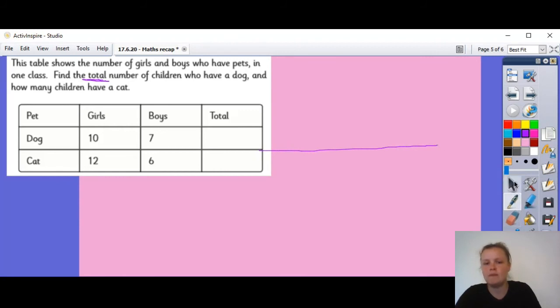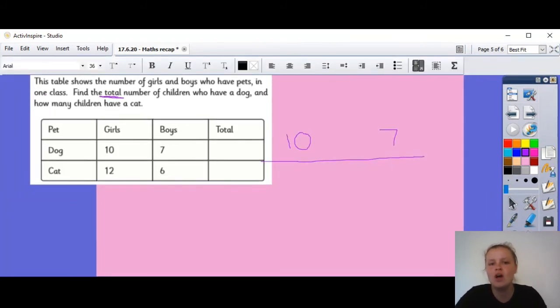first. So what numbers am I adding together for the dogs? That's it. Hopefully you would know that we're adding the 10 and the 7 together. Write a number sentence now for finding the total amount of dogs.